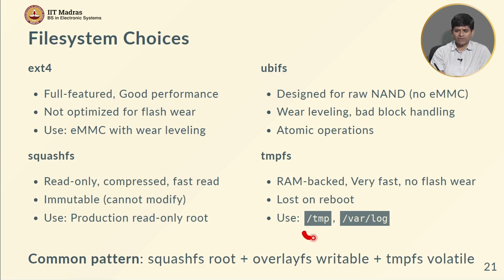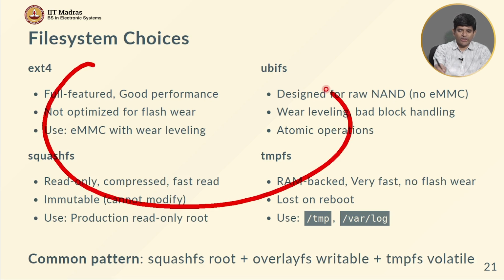These are not essential to retain across reboots, right. So they can be useful, but it's not essential. So what happens is that very often the choice is made to just store them directly in RAM, not even on an actual disk, which means that they are extremely fast. There is no flash wear and no wear leveling required over here, but the problem is it's going to be lost on reboot.